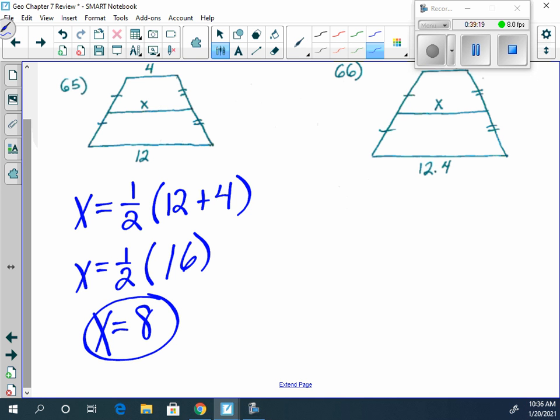The mid-segment formula: mid-segment's equal to 1/2 the sum of the bases. Questions on 65 or 66? We good with 65 and 66? Yes?